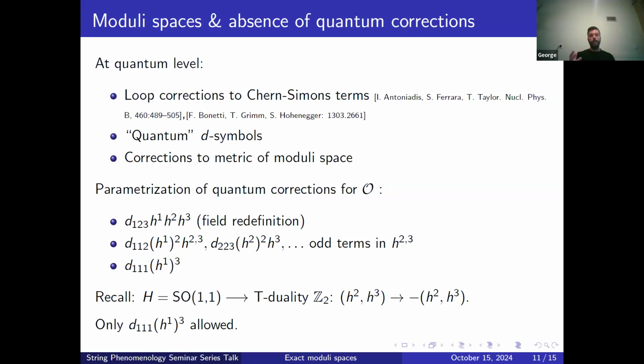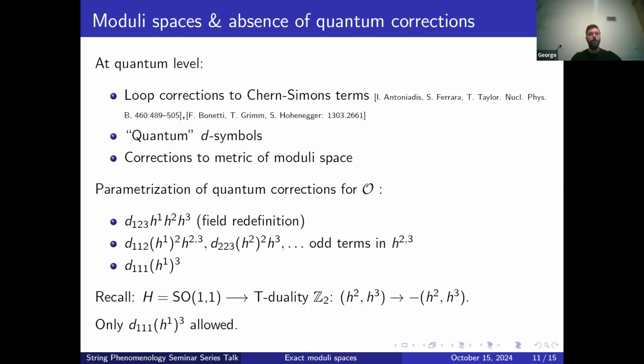But now I will argue that this does not happen for the model O that I presented. The idea is to first parameterize all possible quantum corrections that can appear, or in other words, to parameterize all possible deformations of this cubic polynomial.